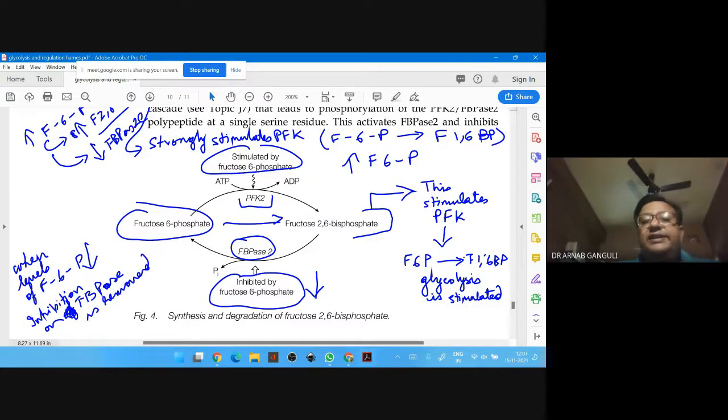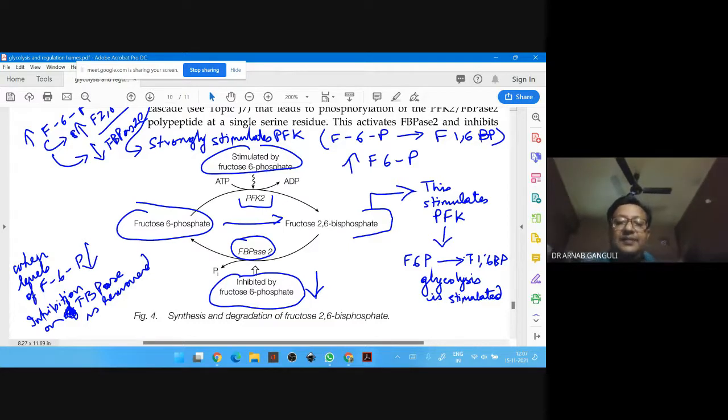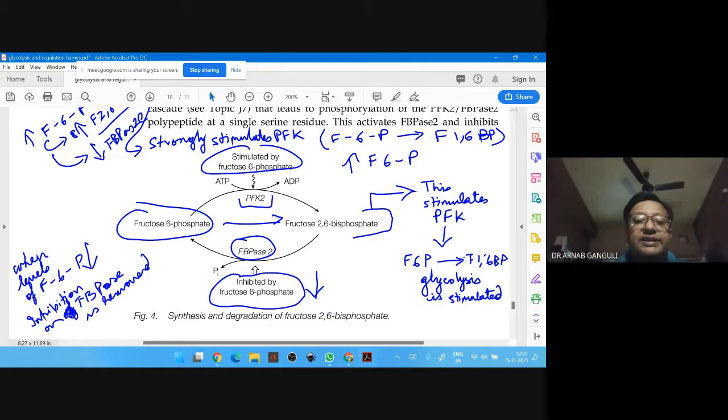And what it does is it converts this 2,6 bisphosphate into more fructose 6 phosphate, and glycolysis is stopped. Clear?